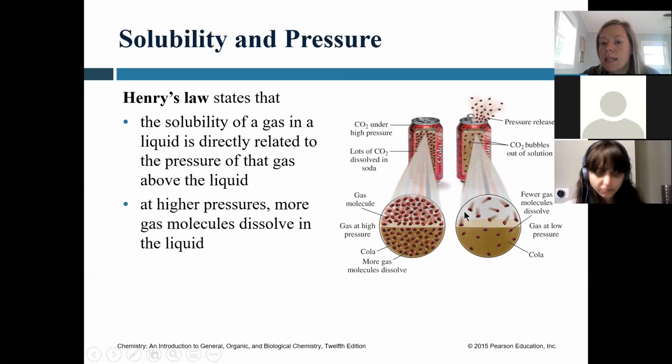As soon as you open the can, you depressurize that headspace, and now the gas that's in the Coke or beer or whatever can now come out of solution. So that's why when you look at a bottle of Coca-Cola, a clear one, when it's closed, you can't see any bubbles coming out. As soon as you open it, the bubbles start to come out because you've released the pressure sitting above it, and now there's room for this gas to come out of solution.